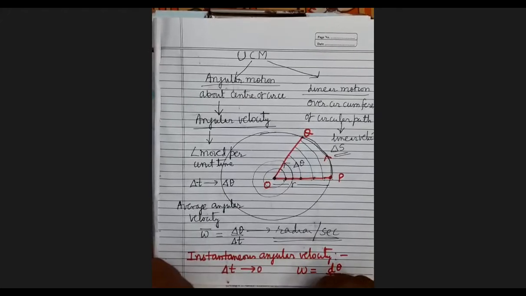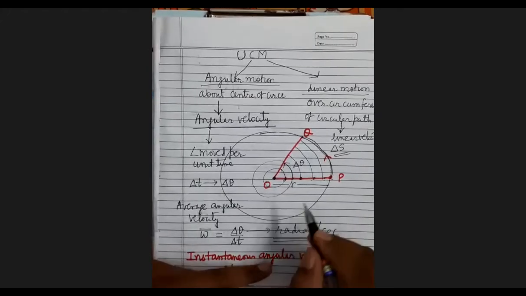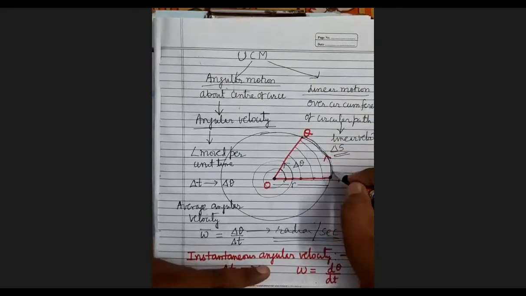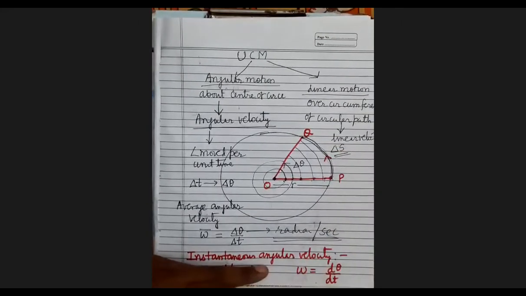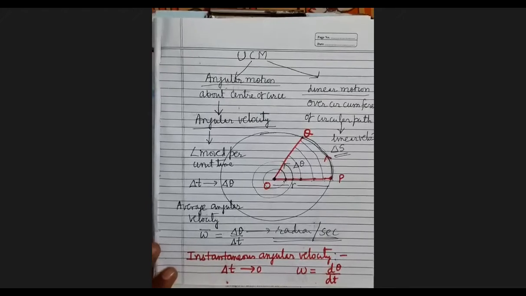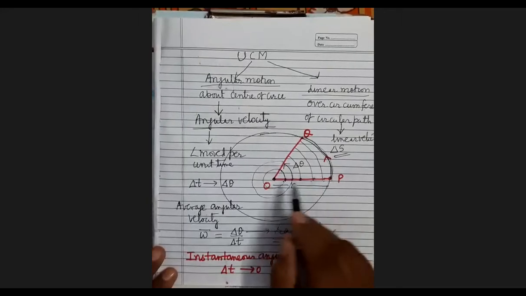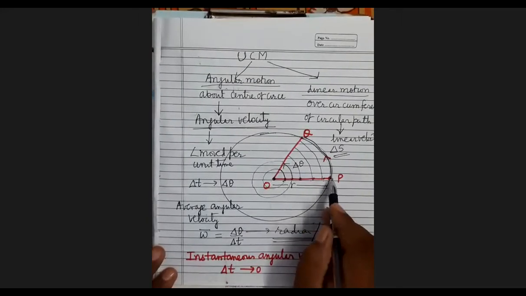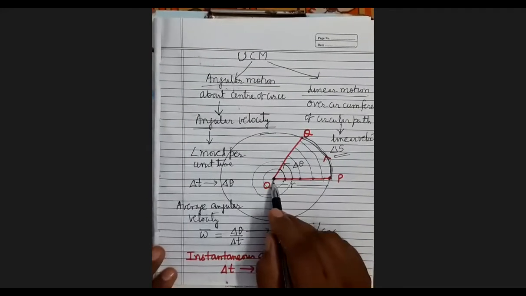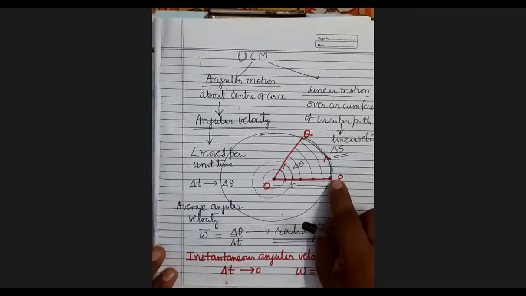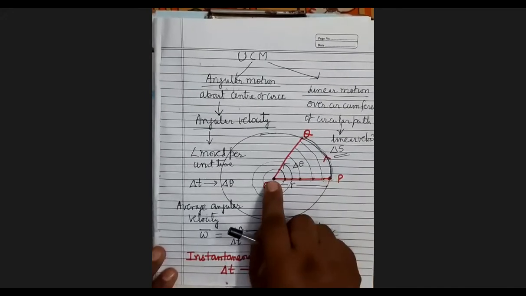But if you see the linear velocity, in time delta t it covers only this distance, while it covers this distance, traveling unequal distances. Therefore, the linear velocity will be different, and that will depend upon the distance of the particle from the center of rotation.